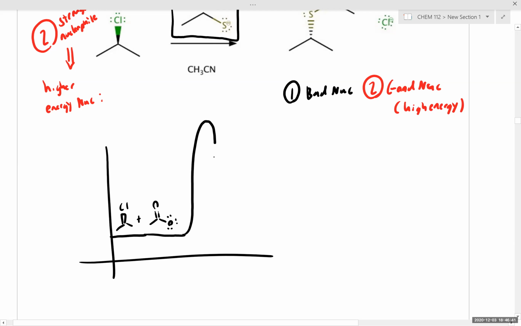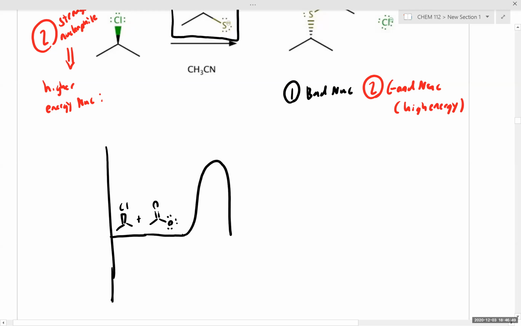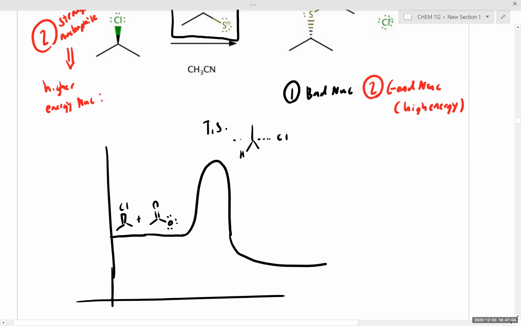We go through an activation energy. Oh, let's not draw it that large. Let me move this down so we have a little more space. There we go. Okay, and we have our transition state. Okay, perfect.